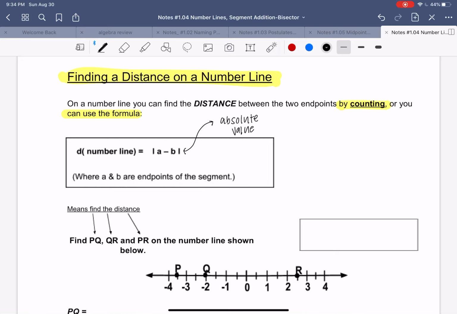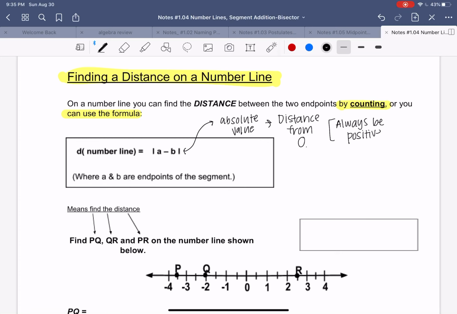And all that means is distance from 0. Your answer should always be positive.